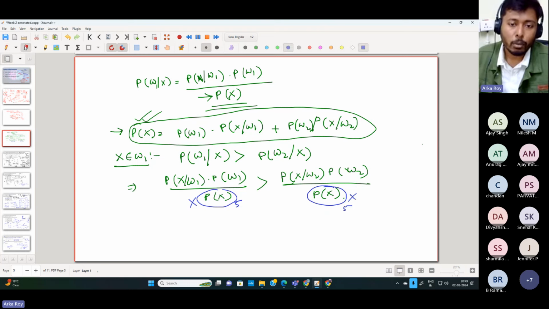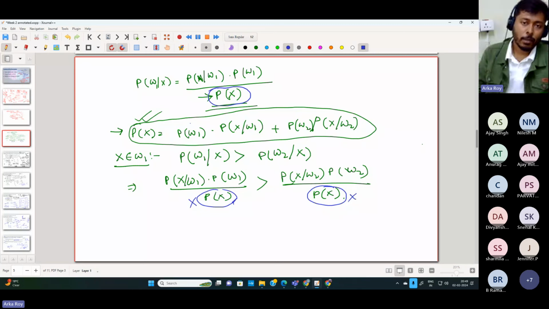Even if I don't consider them, it will not have much effect on the final classification result. But when you solve the problem mathematically, then you have to consider p of x. For the sake of giving you the solution in terms of theoretical background, we sometimes ignore this term because they don't contribute in classification, because they have the same value.